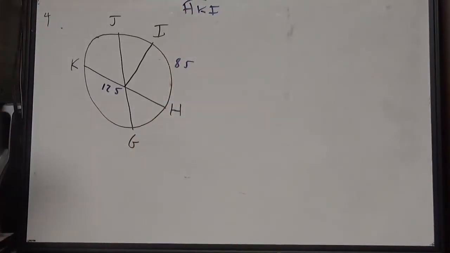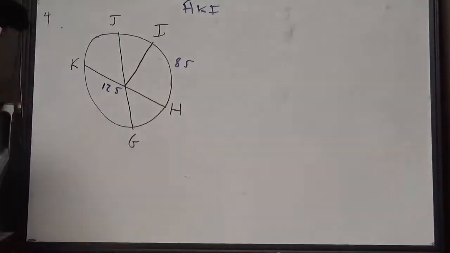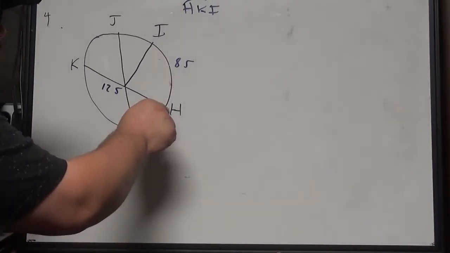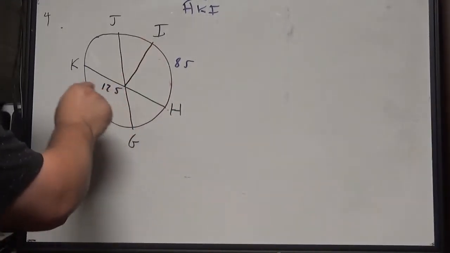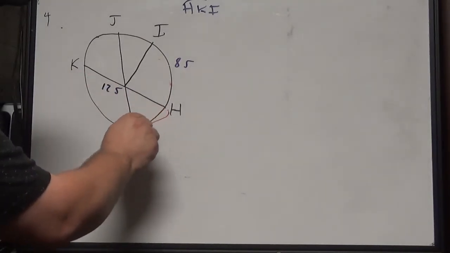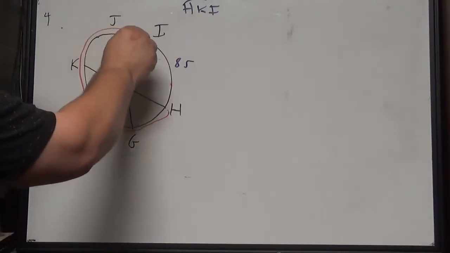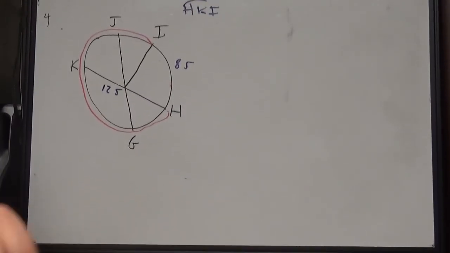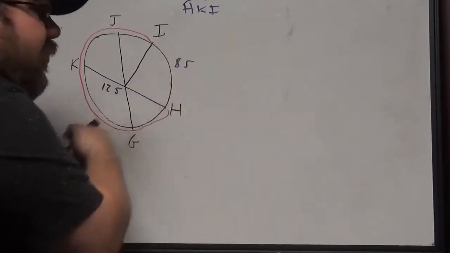Again, first thing we want to do is visually identify what we're finding. So we're finding HKI. Now HKI, H to I, but we said through K, so we're going around this way. And now that's the first step.